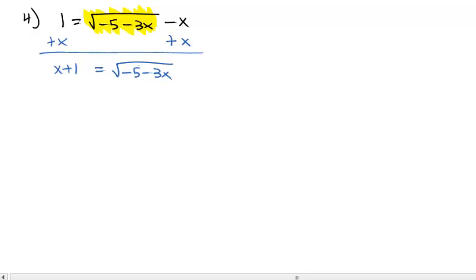Again, now that the radical is alone, we can solve by squaring both sides. Squaring gets rid of the square root, leaving behind negative 5 minus 3x. And on the other side, x squared, 1x, and another x is 2 x's, plus 1 squared is 1.